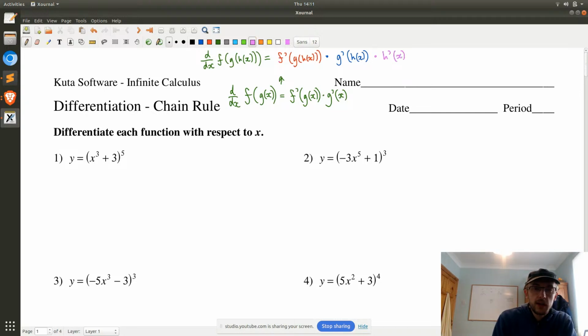Look at that. It's like I'm going from the outside in, like an onion. So I will try it out.